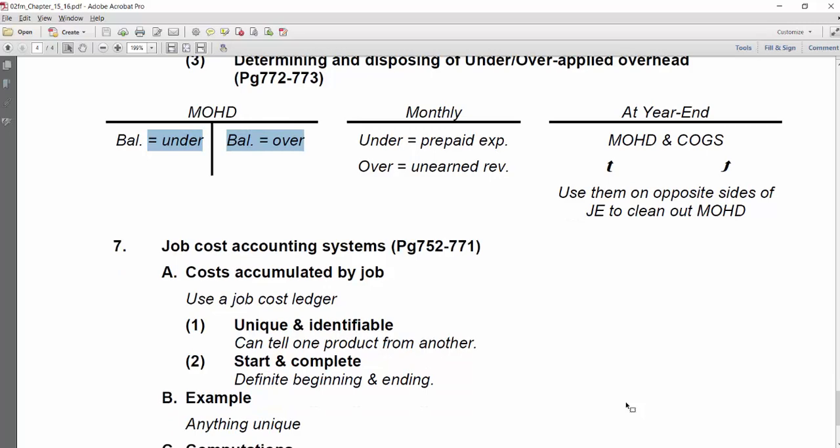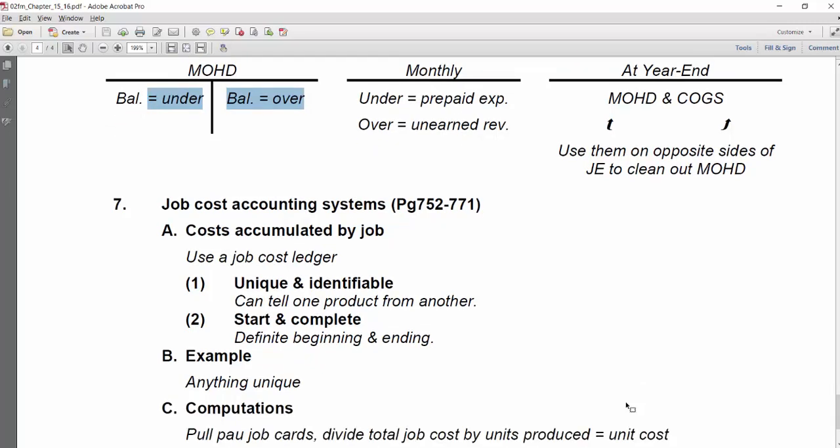Kinds of things that you can use a job cost for: anything unique. Homes, yachts, customized surfboards, customized motorcycles, repair jobs, for example, complex repair jobs. How do you do the computation? Well, you pull all of the records for the jobs that have been completed because they will have been marked as completed.